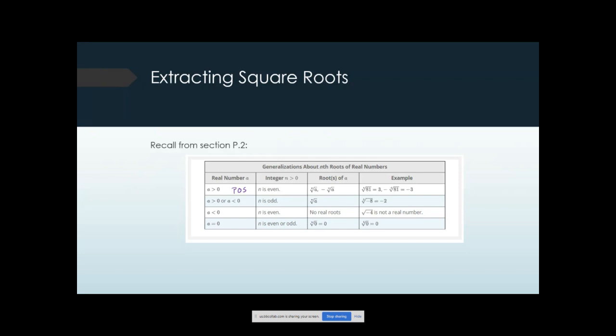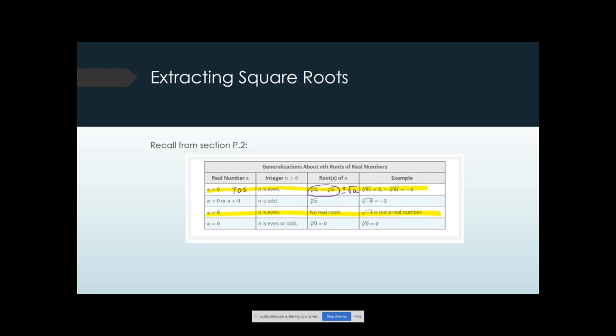We're really only caring about rows where n is even because those are square roots. Square roots have n as 2 basically. So if we're taking the square root of a positive, then we get a positive and a negative answer. So we can rewrite this as plus or minus whatever that square root is of that number, because you can get a positive number out and a negative number out.